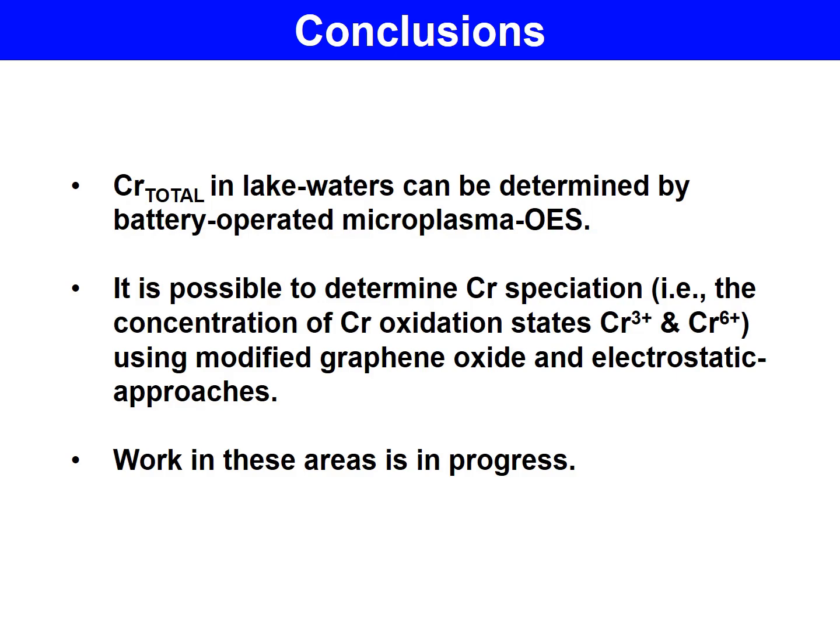And work in this area is in progress. Hopefully within the next little while we'll have data that will describe this whole process the way it was done, and we can publish it.